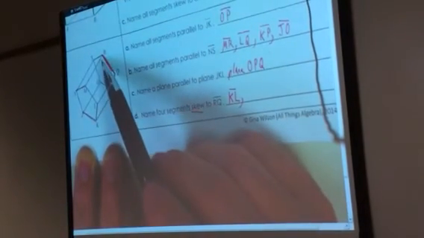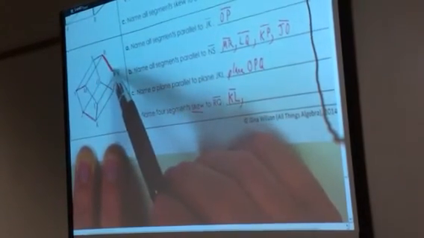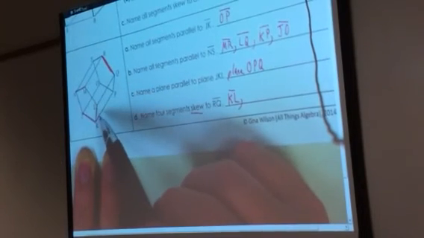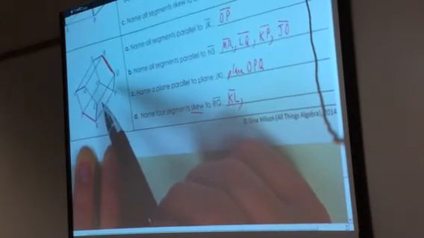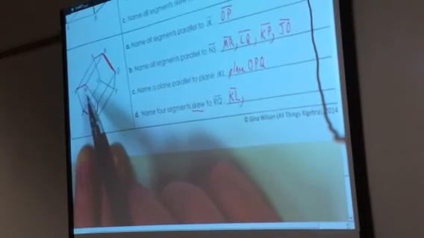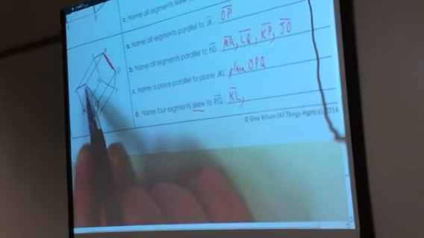A good thing to look at: anything that's going to be skew to RQ will have to come from this front, because anything else would maybe cross RQ, right? So KL, it cannot be LM. LM would be parallel, right? MN would work.